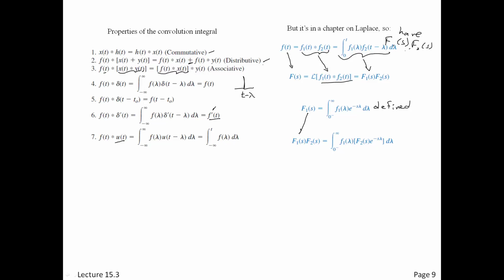Here come our limits, here comes this whole bit, and F2 of s now moves across to there. We've just multiplied both sides by F2 of s. But recall, this is time shifting here.